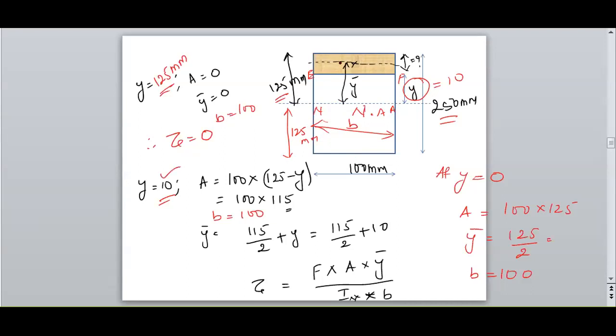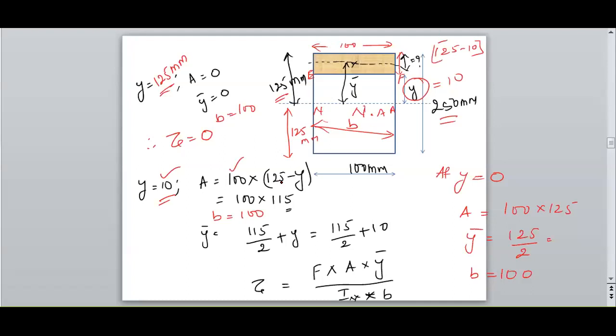That means what is the area? The shaded area I need here. The width will not change, therefore 100, and the depth of the shaded area will be 125 minus 10.